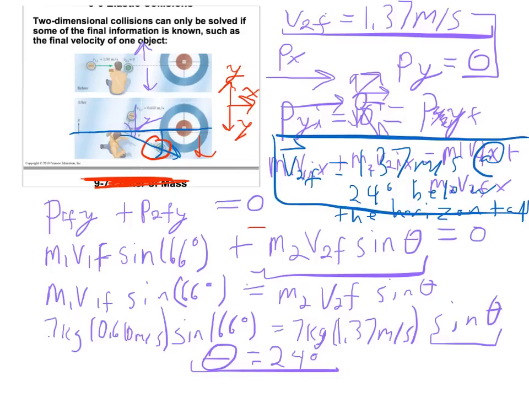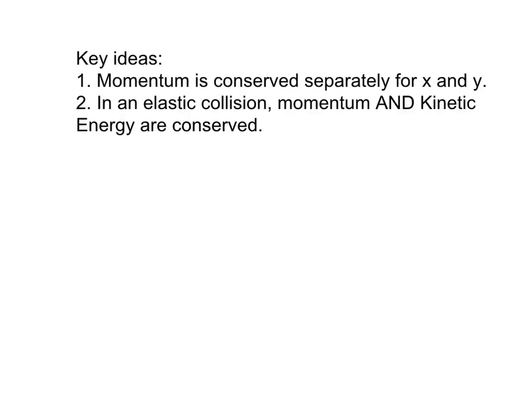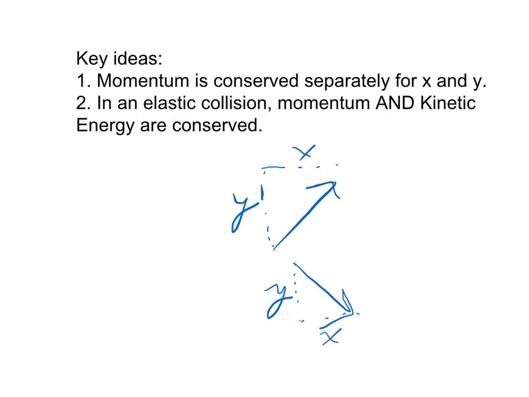Now, let's go to the next screen and just do a couple key takeaways, because I imagine that was a lot to take in, and like I said, it's harder than what you'll be expected to do. All right, here are the key ideas. Momentum is conserved separately for x and for y. So anytime you have objects that end up going off in both up and down directions, you've got to split both of them into their x and y components, split either their velocities or their momenta.